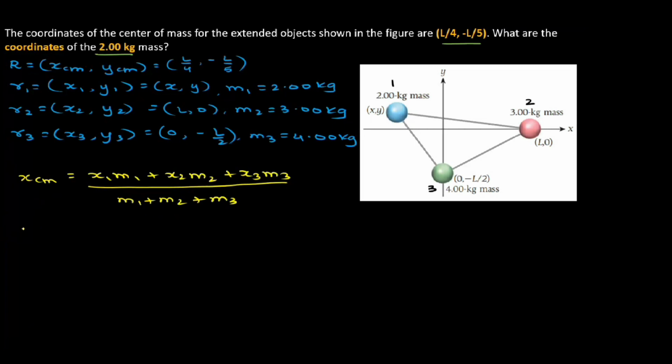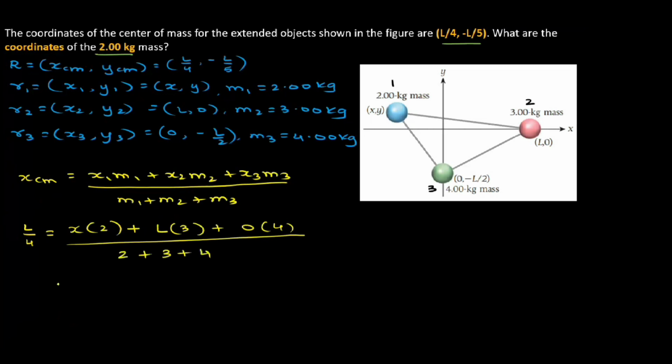Let's substitute. XCM is L by 4 equals x1 is x, which is something that I need to find, times M1 is 2, plus x2 is L, times M2 is 3, plus x3 is 0 and M3 is 4, divided by 2 plus 3 plus 4.